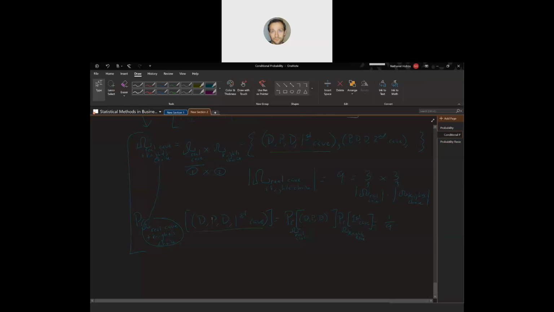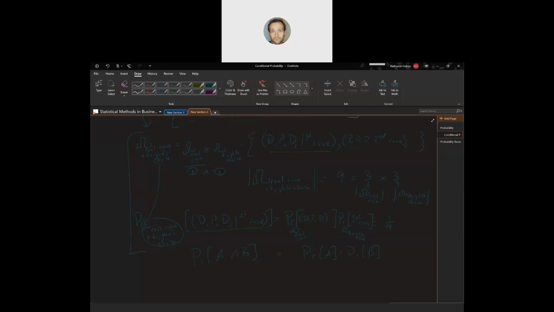The probability that the princess is in the first cave and that, this is the same as probability of A and B is equal to the probability of A times the probability of B. So actually, this is still just the definition of independence, because the knight is making a random choice.